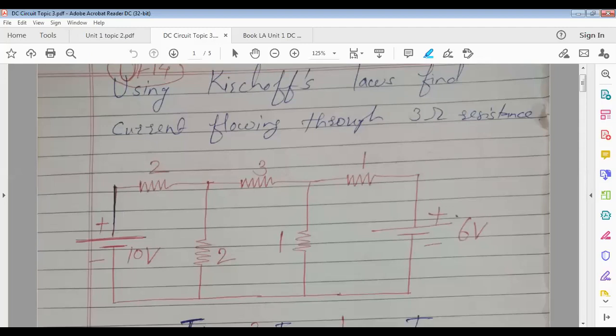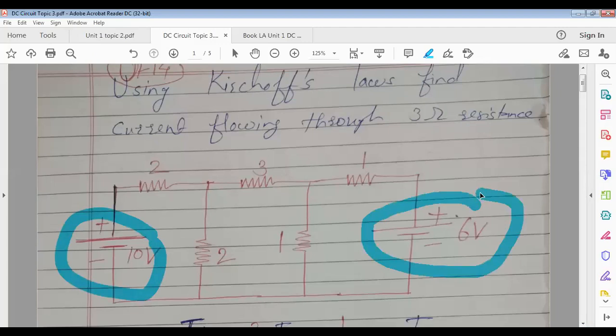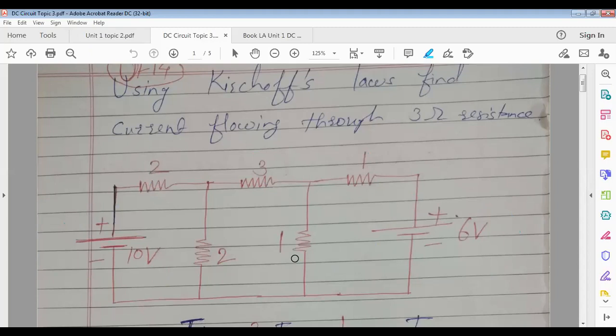Two voltage sources are there, 10 volt and 6 volt, with polarity and values given. And there are total 5 resistances. Draw the circuit, everyone. Once you finish, tell me.